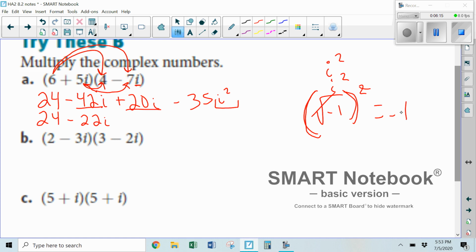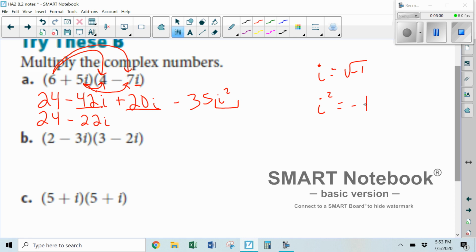So somewhere in your notes, make a large note, I guess, about this off to the side, that i is the square root of negative 1, but i squared is negative 1. Here's how that's helpful. Because if you look here, I have i squared. So that's negative 1. So that's negative 35 times negative 1, which is actually positive 35.